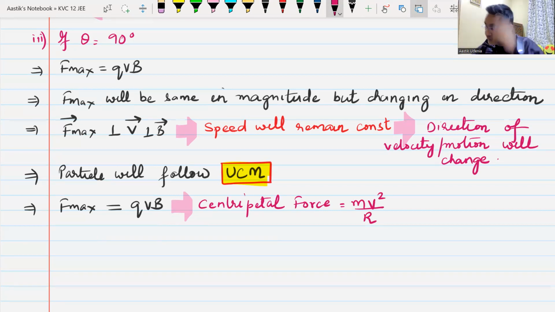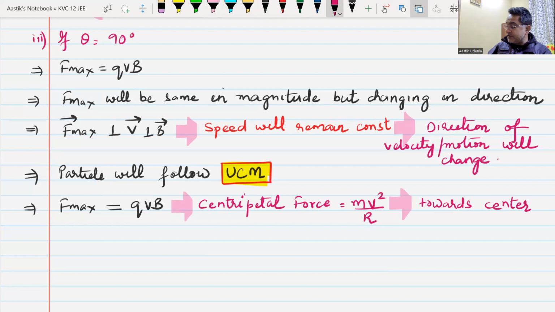And this F max will always be directed towards the center. Since it is giving you the centripetal force, it is always directed towards the center. Do we understand this?